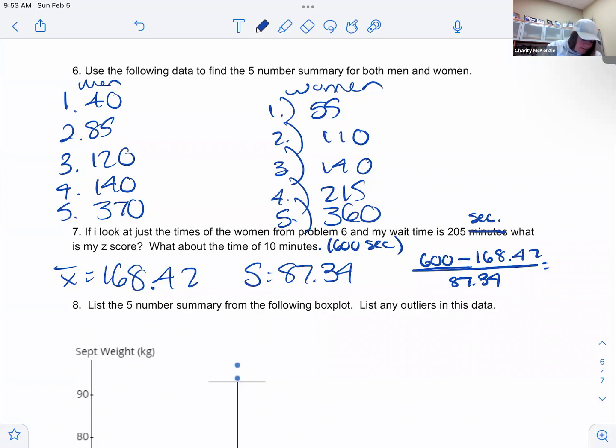Hold on, I forgot to push divide. 87.34. I did it too quick. I get like 4. That's such a big Z-score. Yeah, that Z-score is huge. So if we take 10 minutes, that is way above the average. Okay. So that problem didn't come through as pretty as I would have liked, but there you go.